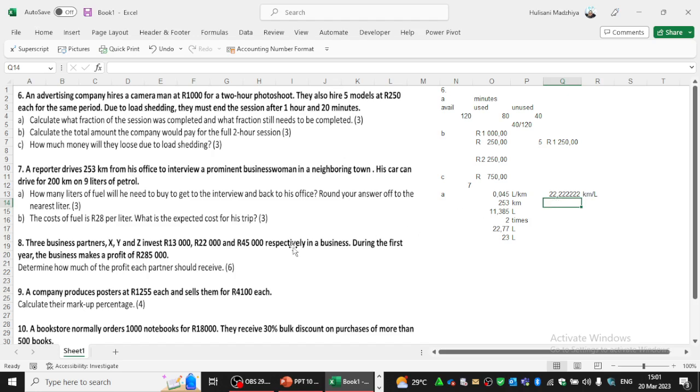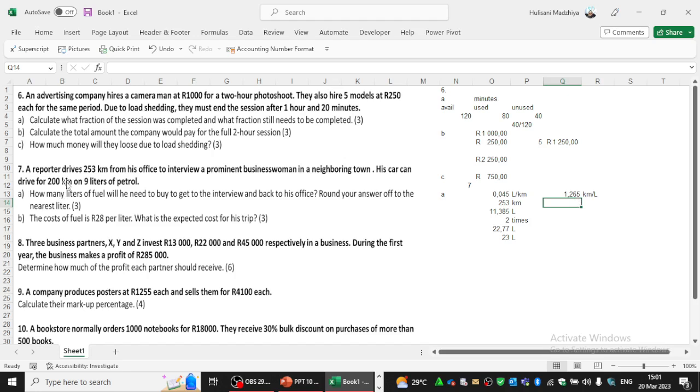So the best way to calculate this is to compare the kilometers that he is going to travel against the ones that his car can travel over 9 liters. So that will be 253 to 200. So meaning that the kilometers he is going to travel will be 265 more than what his car could travel over 9 liters.